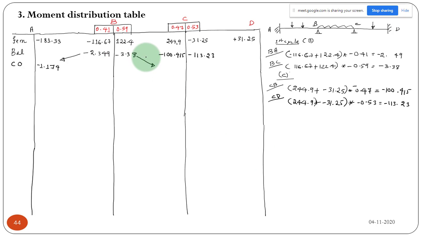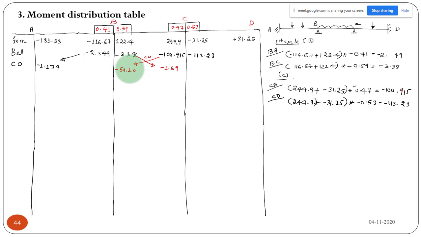This is the carryover procedure, 3.38 by 2, so that is minus 1.69. Again you have to do the carryover for this value. We applied a moment here, 100.41, so half of the moment will be carried over to the far end, that will be minus 100 by 2, that is minus 50.2.